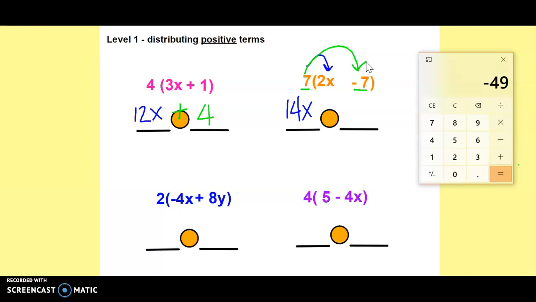Again, same idea as up here. If this is a negative 49, when I buddy it up right behind this first term, it looks like a minus 49. And again, that's right. But hopefully you can see that the sign of a term also sometimes is the operation. It's one and the same. So be careful.